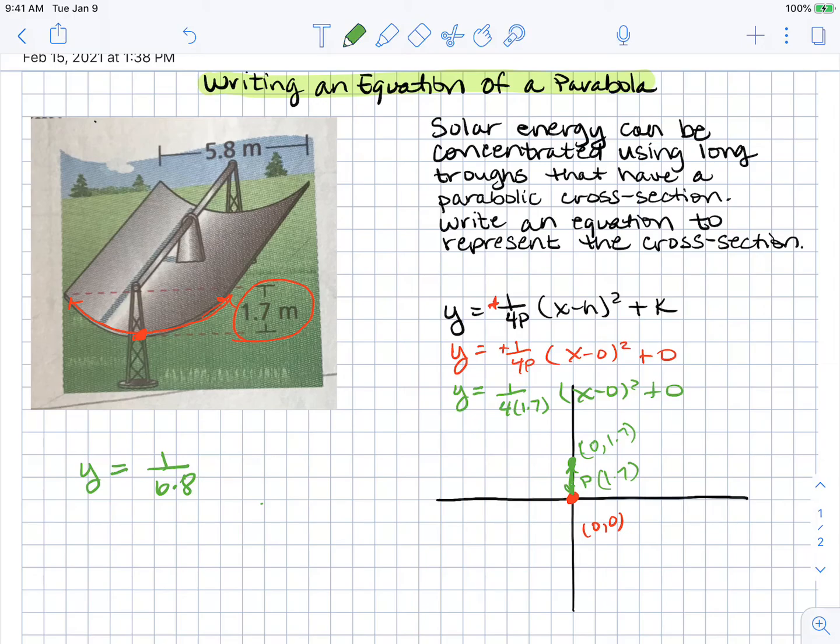And then I have x minus 0, so x minus 0 is just x, times x squared, and plus 0 right here. I don't really need that, so I'm not going to write it down over here. That's going to give me the equation of my parabola.